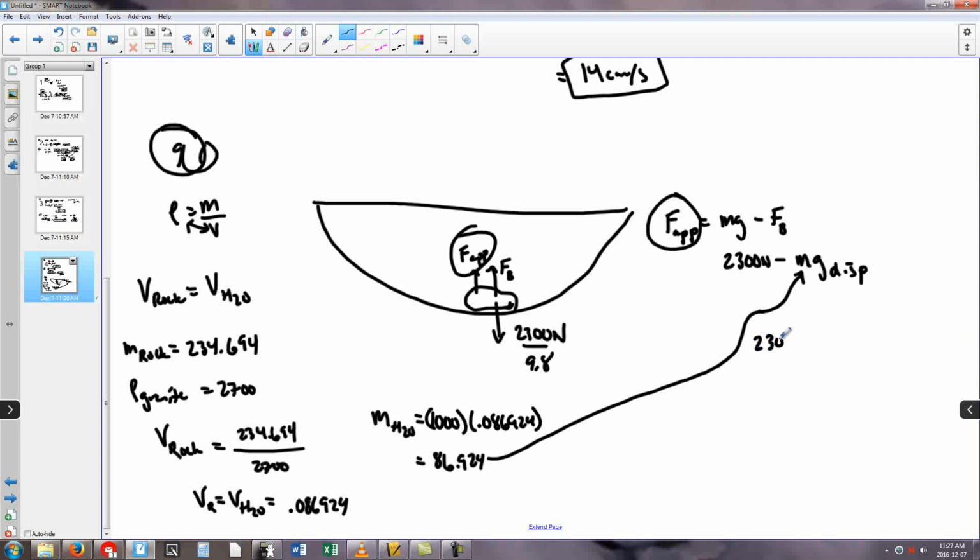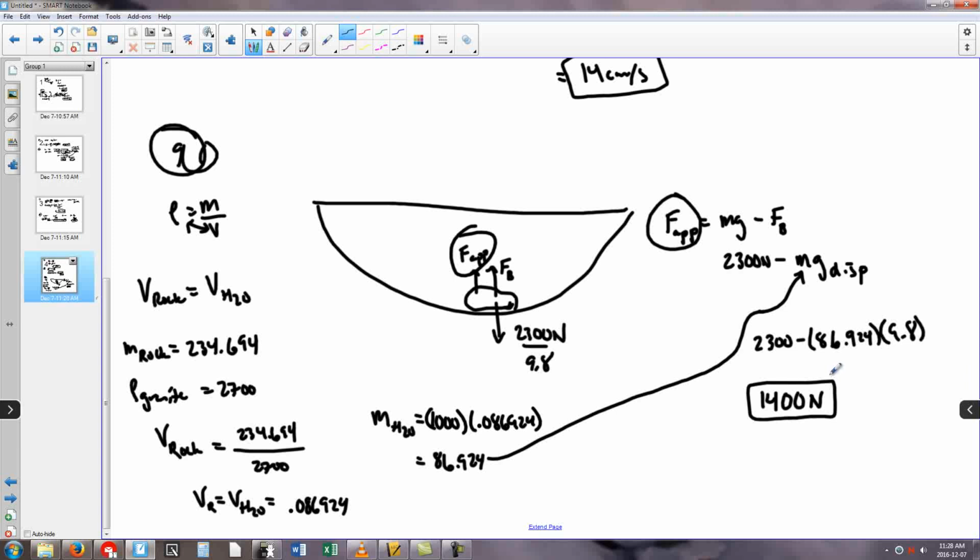So now I have 2,300 minus 86.924 times 9.8. When I do that subtraction, I end up with roughly 1450, but for sig figs, so it's 1448, but I'll say 1400 newtons. That's the amount of force I have to be able to apply.